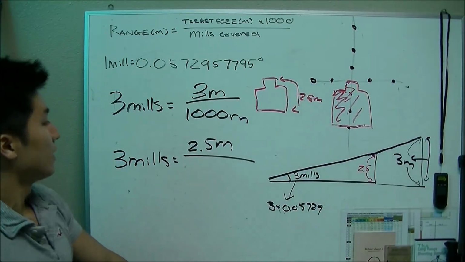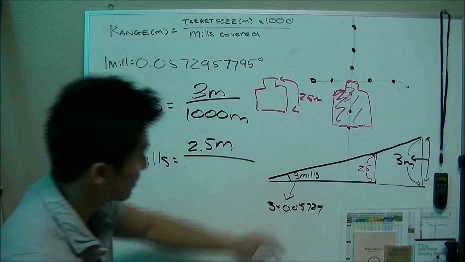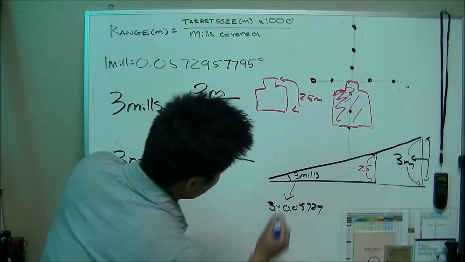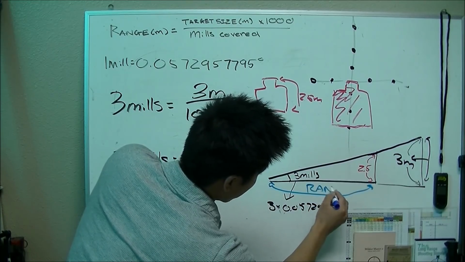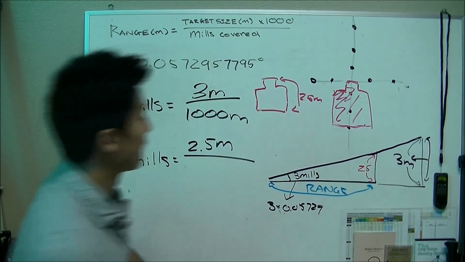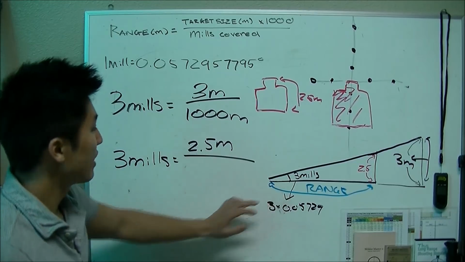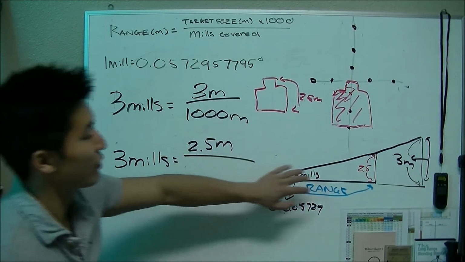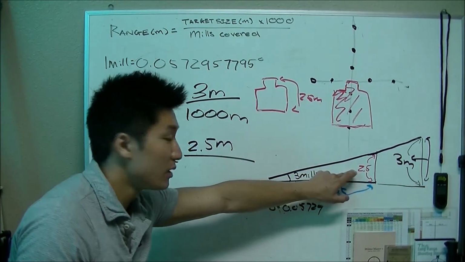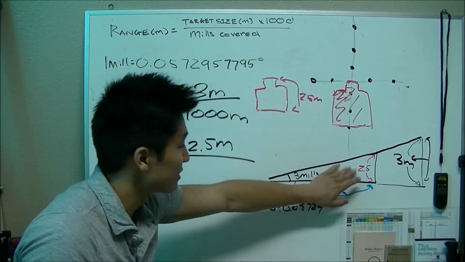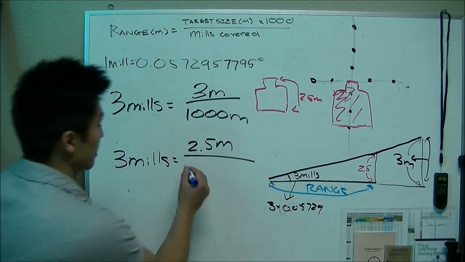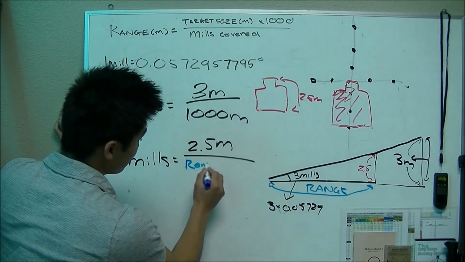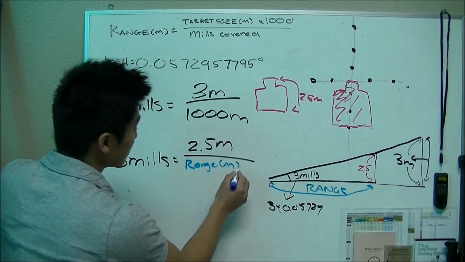Right? And so we want to find out this range here. To find this range, it's just going to be another relationship between the opposite side of the triangle and the adjacent side of the triangle. So it's going to be range. And also remember this is going to be in meters.